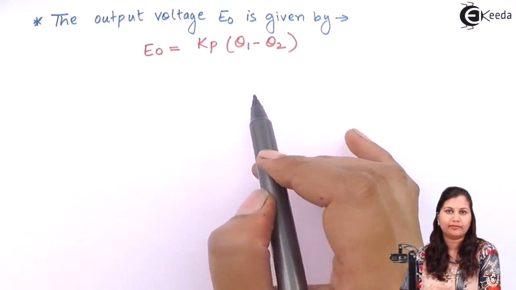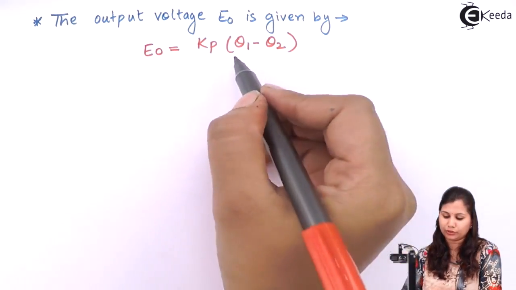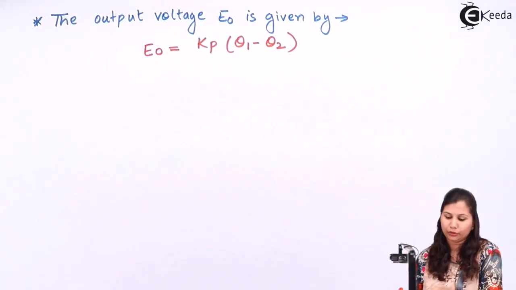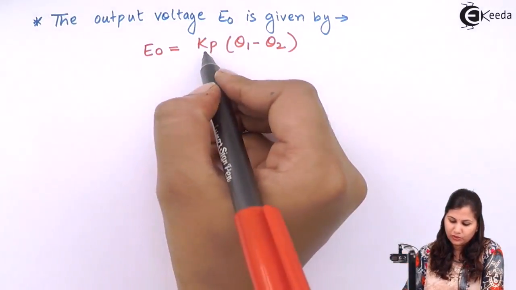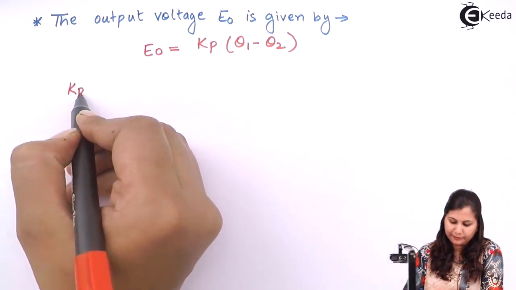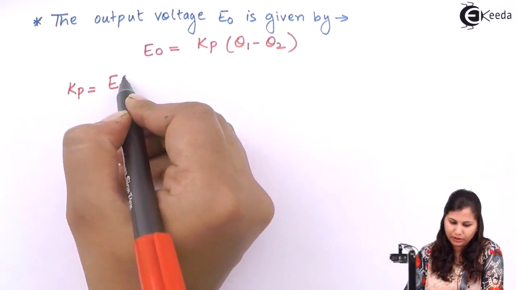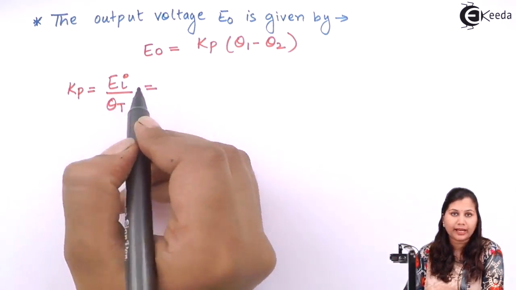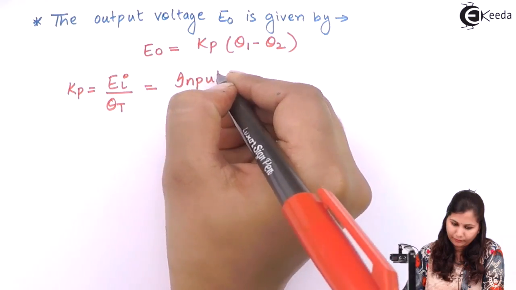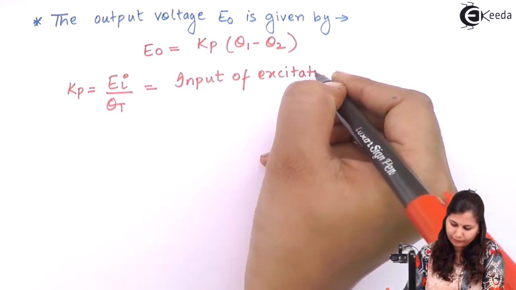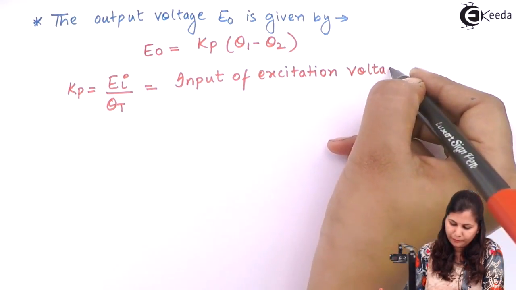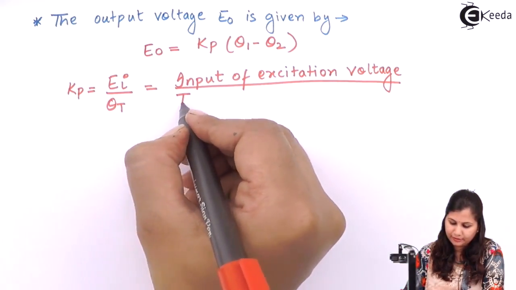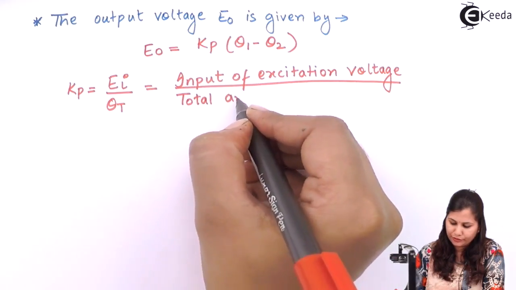Through this difference we are comparing the positions of the two potentiometers. Now this constant Kp is given by the ratio of the input voltage and theta t. So Ei is the input or excitation voltage, divided by theta t, which is the total angle of rotation.